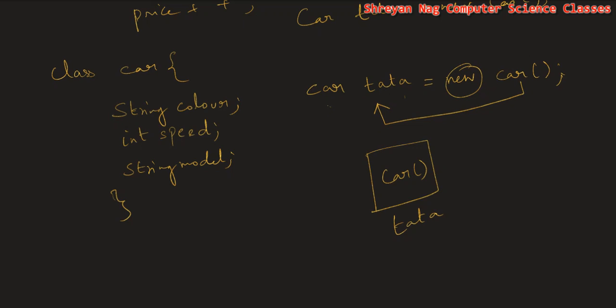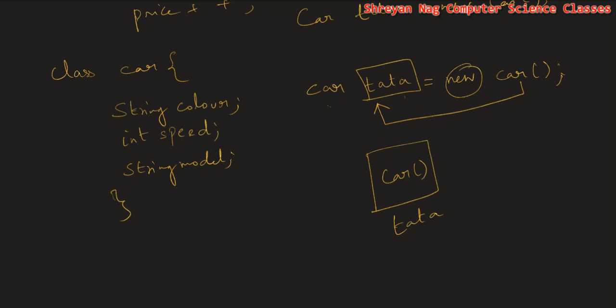Now what we have done is called initialization. Initialization is providing some value inside a variable or an object, providing it with a certain amount of memory.